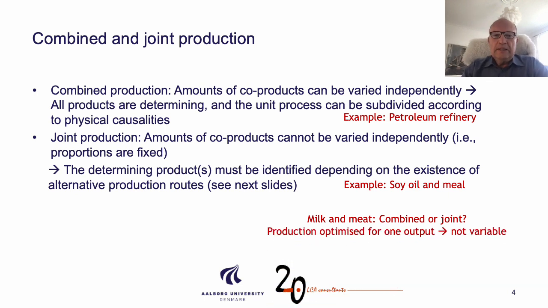However, the production of milk is typically what you're optimizing the production for. So when you're optimizing the production for one output, you cannot really vary that output anymore, so it becomes a determining product.